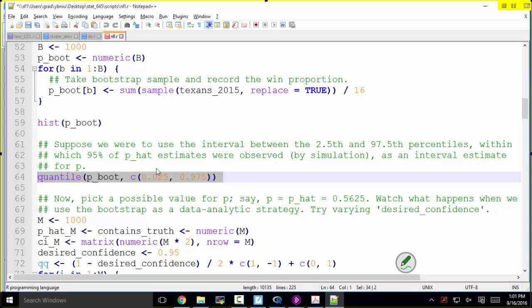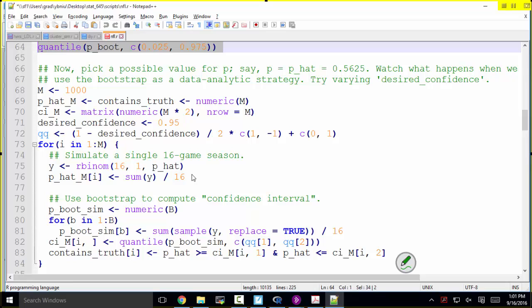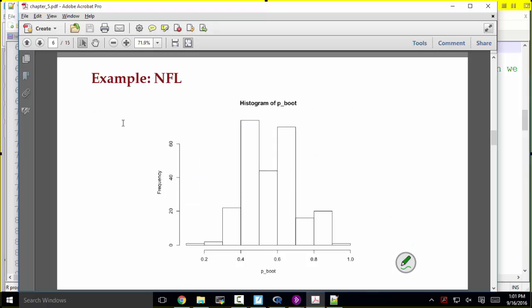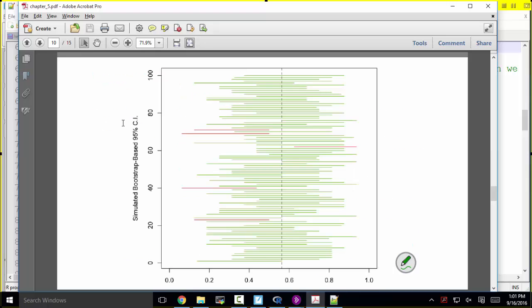So I would need the 0.1 percentile and the 0.9 percentile. We did this simulation where we were able to make this picture over here. So remember this picture when it comes time to interpret a confidence interval.